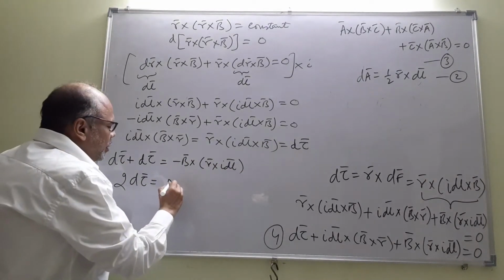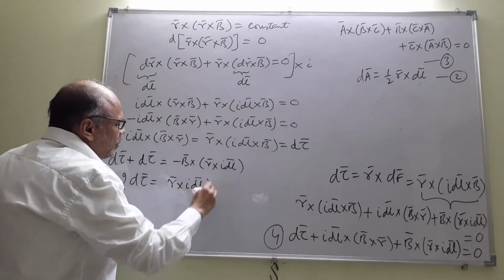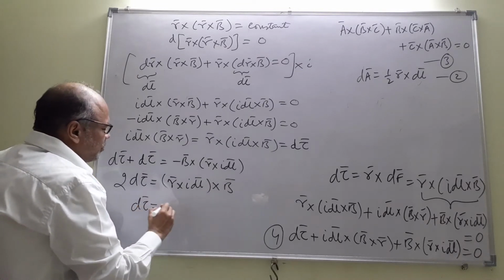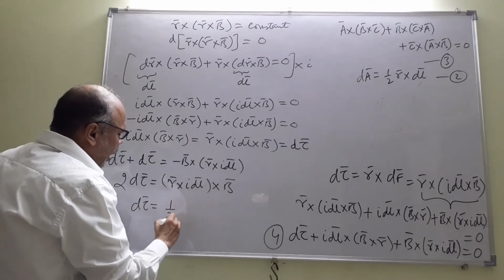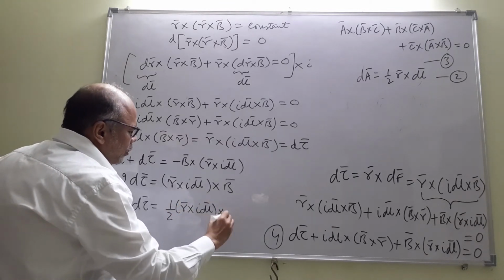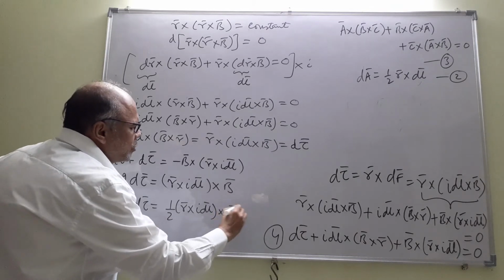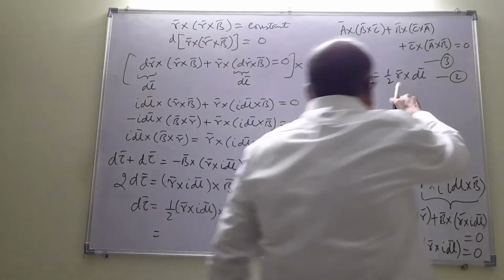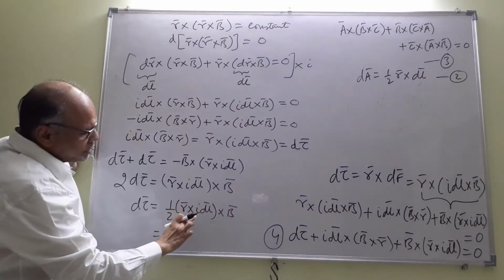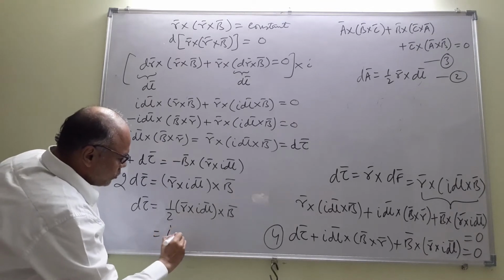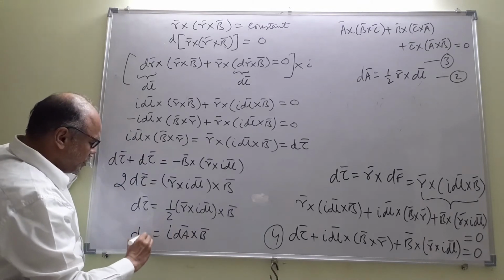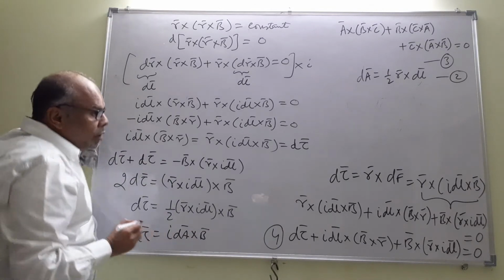So I will have R cross I dL cross B here, and dτ will be equal to half R cross I dL cross B. Now half R cross dL is dA, and so this current I can take out common, so I can put it as I dA cross B. That is the expression for the infinitesimal torque.